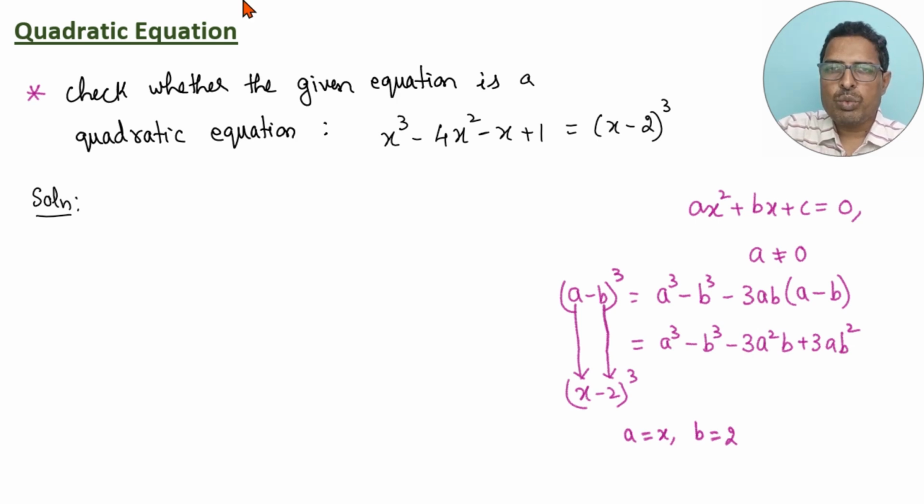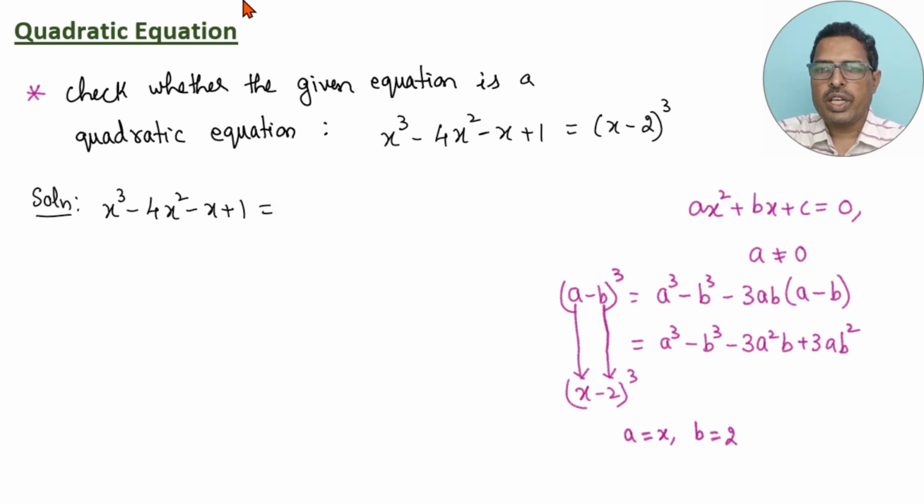Now to solve this one, let us keep this left hand side value as it is, x cube minus 4x square minus x plus 1 is equals to, on the right hand side let us use this formula, a minus b whole cube.